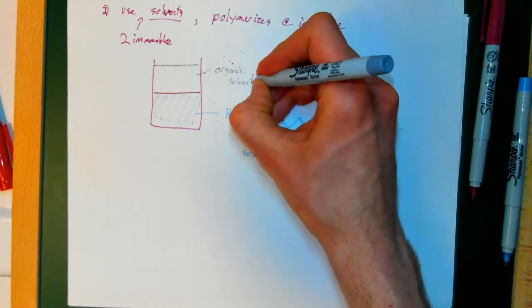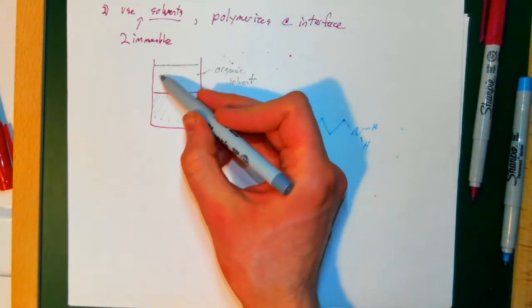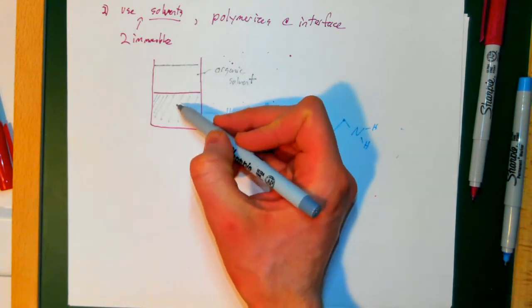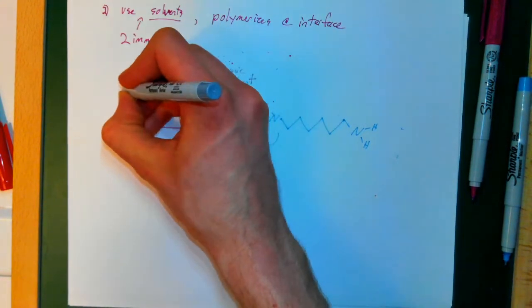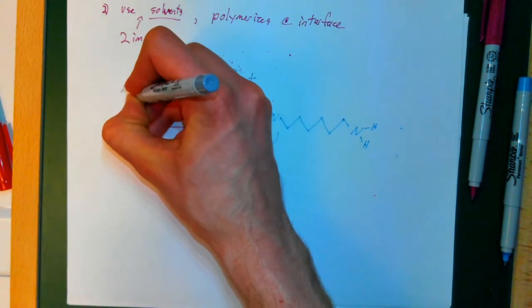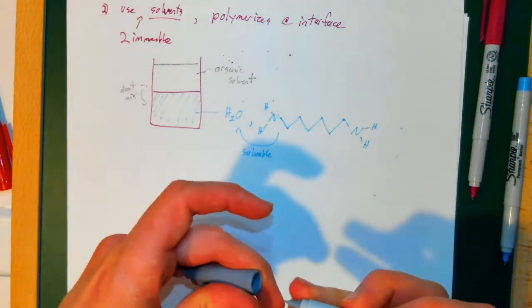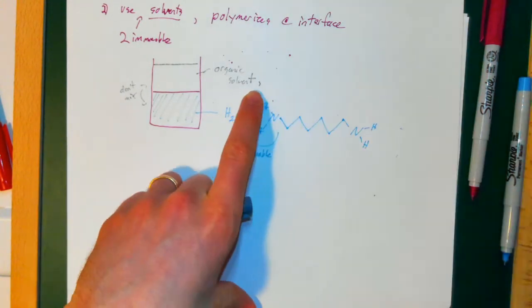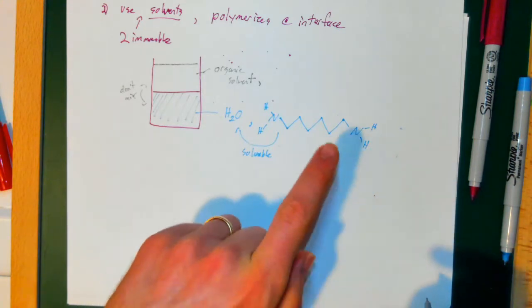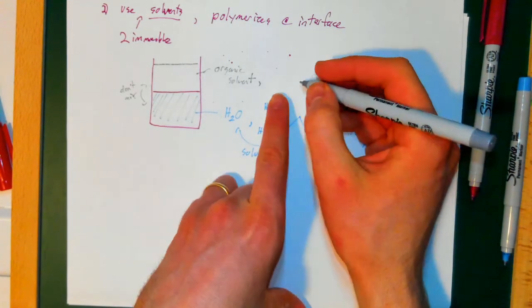And we all know that oil and water don't mix, so the organic solvent will sit up here and doesn't mix with the water, in the same way that your oil and water don't mix. But dissolved within this organic solvent is not adipic acid, but an acid chloride.